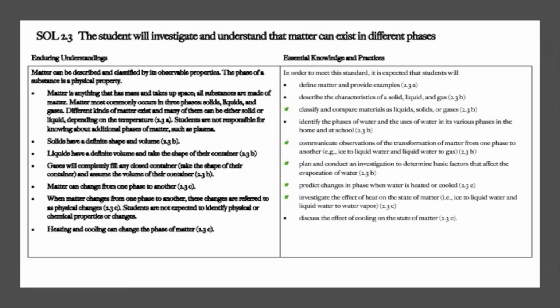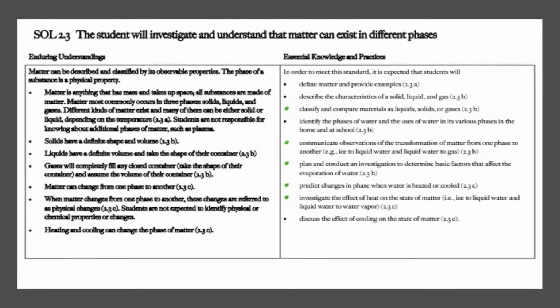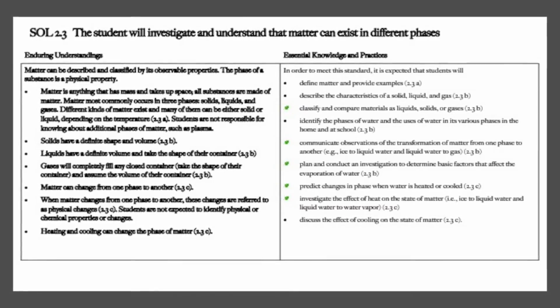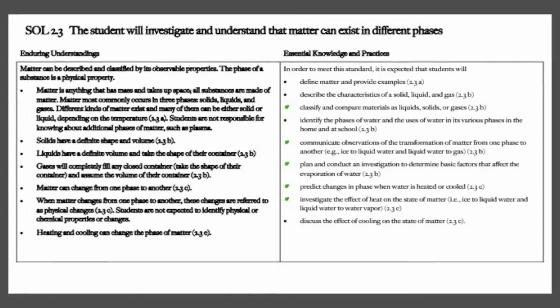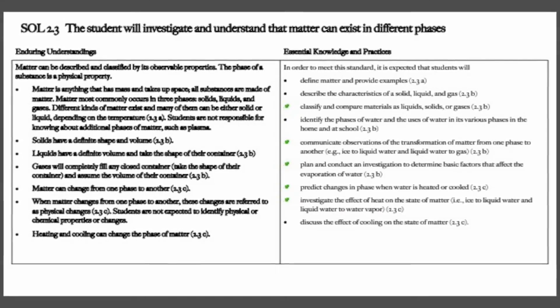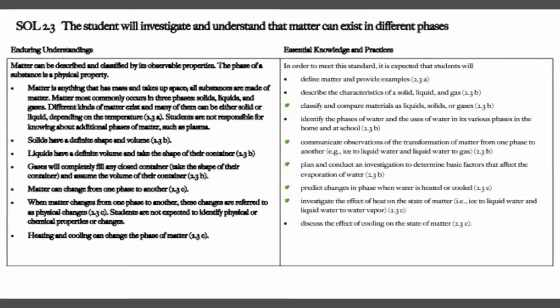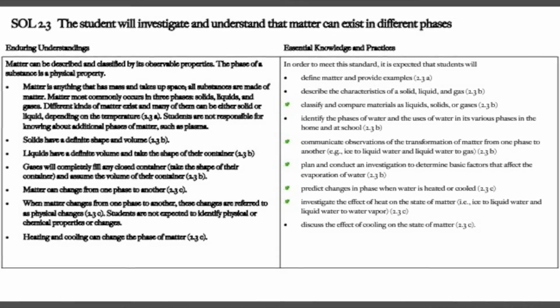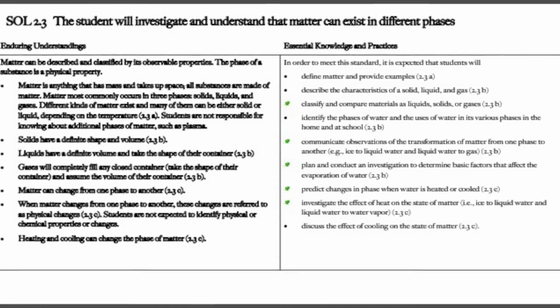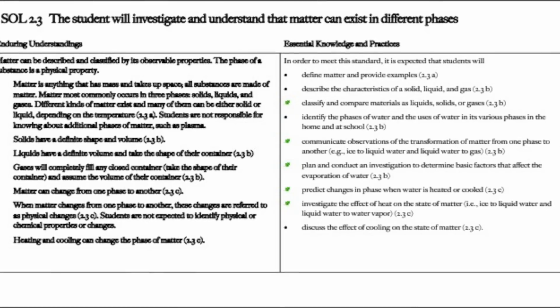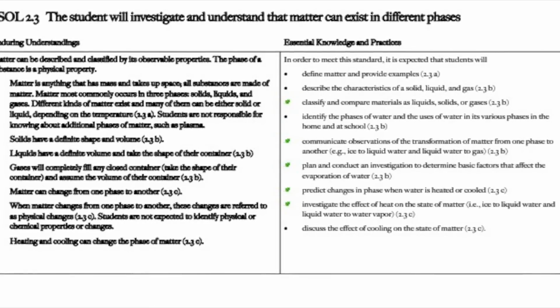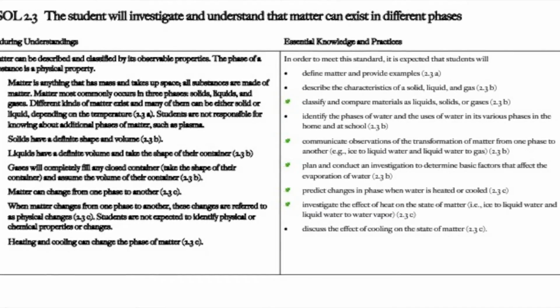In this video, I'm going to show you how I assessed a lab to see if it would work with SOL 2.3, which is in the second grade, and it deals with matter existing in different phases. Now, a unit of study would be developed around this entire SOL, but for the purposes of this exercise, we're just going to focus on a few of the learning standards.